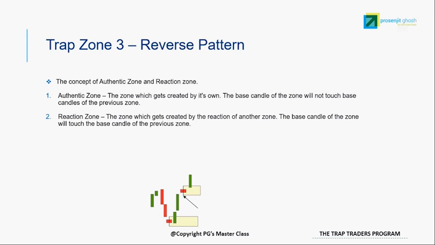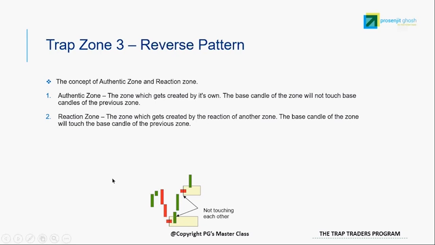As you can see, if I want to check whether this rally base rally is an authentic zone or a reaction zone, I need to check whether the lower wick of the base candle is touching the upper wick of the base candle of the previous zone. In this case, the lower zone is the previous zone.